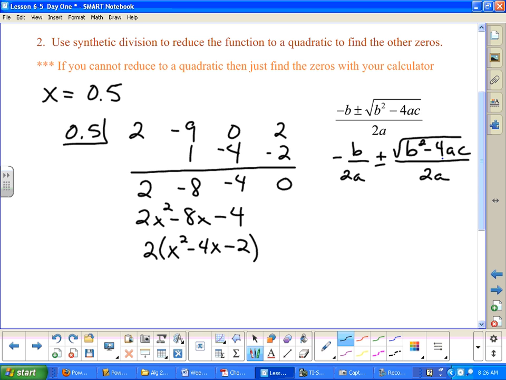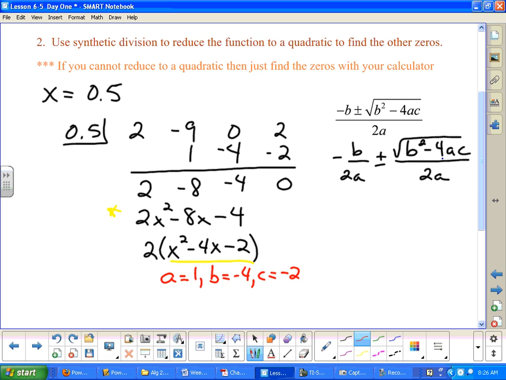So we can either do it here, or we can just do it with these numbers here, which my suggestion to you is, if you can ever factor out a number, I would get rid of it, because then you don't have to simplify further when you do the quadratic formula. All right, so in this case, A is 1, B is negative 4, C is negative 2.